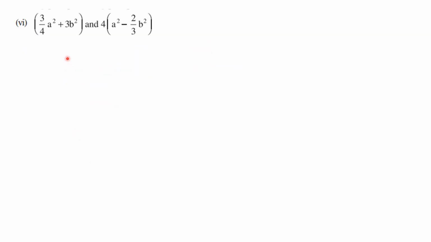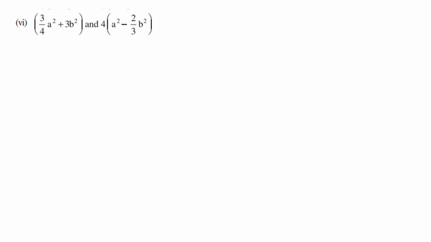So now sixth question, it is 3 by 4 a square plus 3b square, and you have to multiply with 4 times a square minus 2 by 3b square. So if you see the second binomial, this 4 is outside the bracket. So my first step will be to multiply 4 with each term of the second binomial.